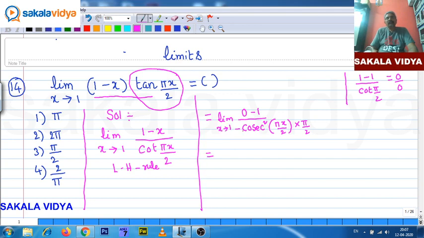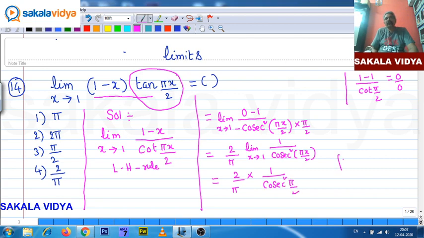Now we can take out the minus of minus plus, and pi by 2 means we can take 2 by pi out common. So we have limit x tends to 1 of 1 by cosecant square pi x by 2. Let us substitute the limit now. 2 by pi multiplied by 1 by cosecant square pi by 2.